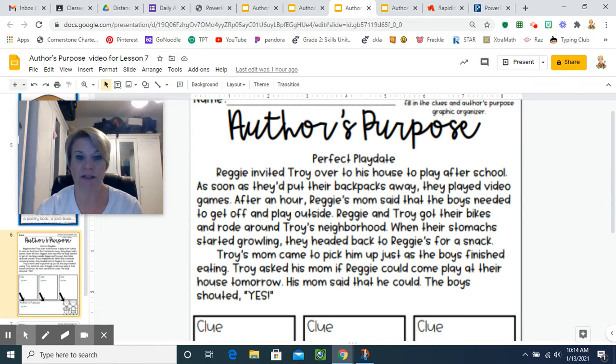When their stomachs started growling, they headed back to Reggie's for a snack. Troy's mom came to pick him up just as the boys finished eating. Troy asked his mom if Reggie could come play at their house tomorrow. His mom said that he could. The boys shouted, "Yes!"